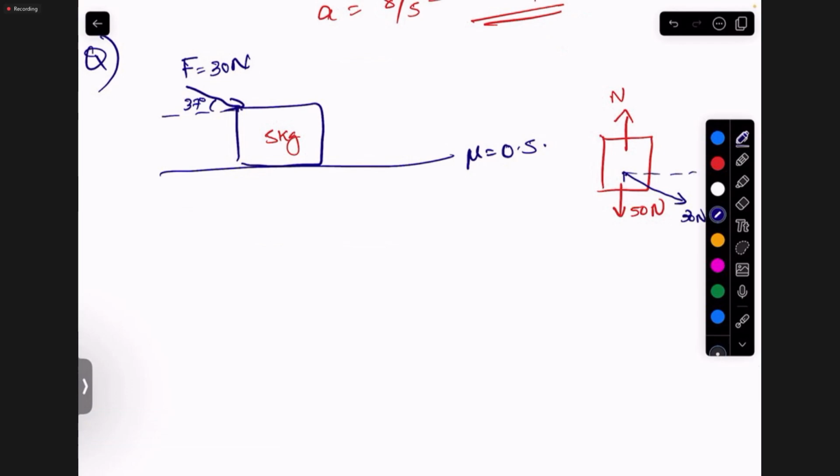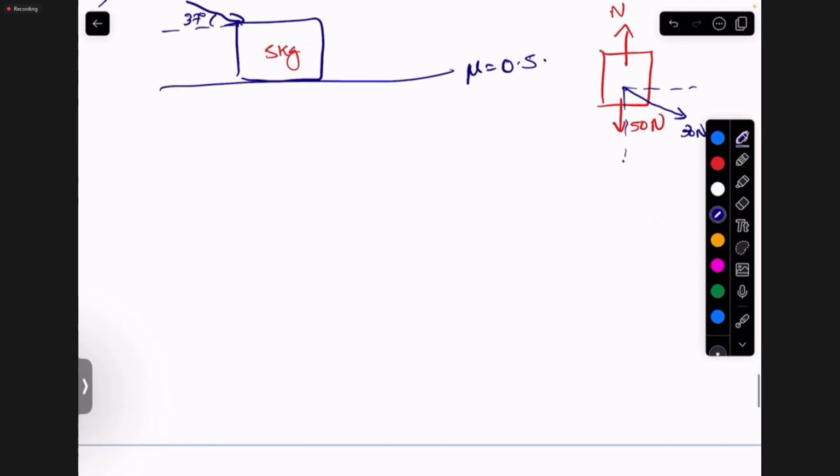You will resolve it into two components. One is the horizontal component. So this is the 37-degree angle. The horizontal component is what? That is 30 cos 37 degrees, which is equal to 24 Newton.